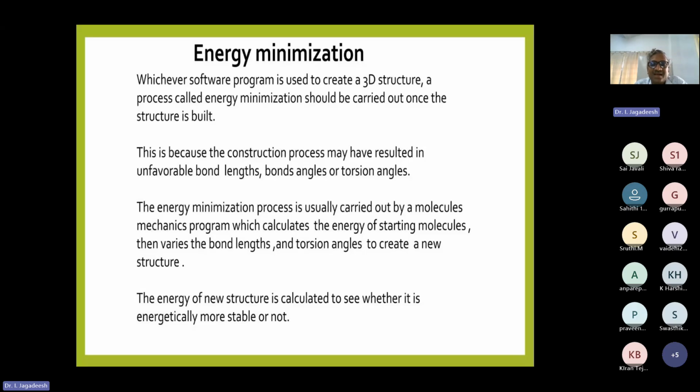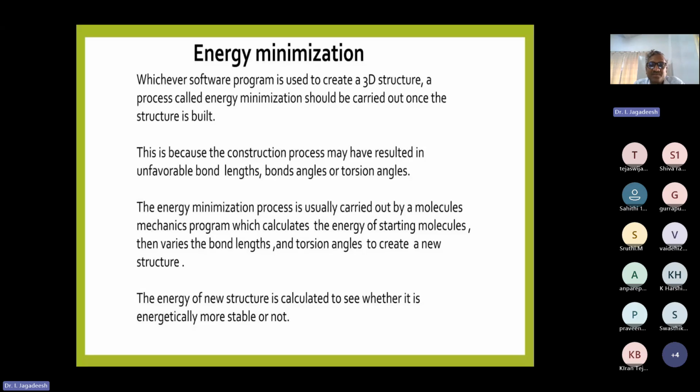This is because the construction process may have resulted in unfavorable bond lengths, from what we have done previously in the two-dimensional structures, or maybe a software-related problem, or the commands or prompts we have given, which has made unfavorable bond lengths, bond angles, or torsion angles. So they are different. That is the reason it has gone to the high energy state.